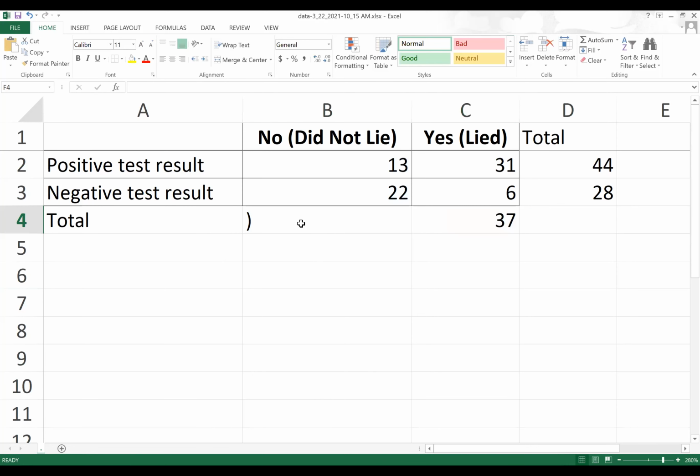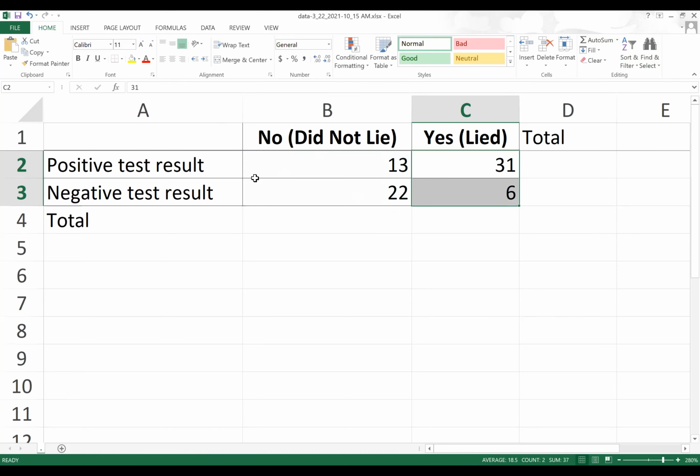Can you go, when does it include only one category, like only the people that didn't lie or that did lie, and when do you add up everyone? Okay, one more time. I think this is a very good question. You should try to understand the table setup. If you look at just out of all the people they surveyed, the people who lied is under the second column here, 37.